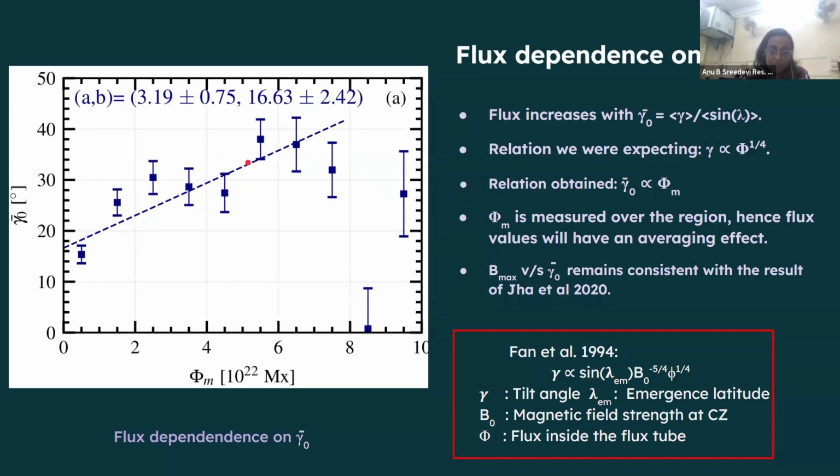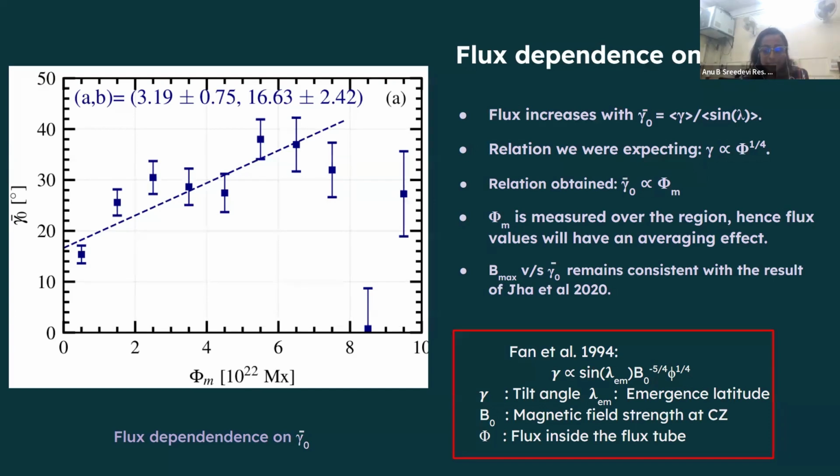But one should keep in mind that the exact simulation result will not be reproduced in observation. Here phi is the flux inside the flux tube, whereas what we are measuring is an average quantity on the photosphere. Though this is a very strong dependence, any kind of tilt and flux dependence is valid, and that's a good outcome.